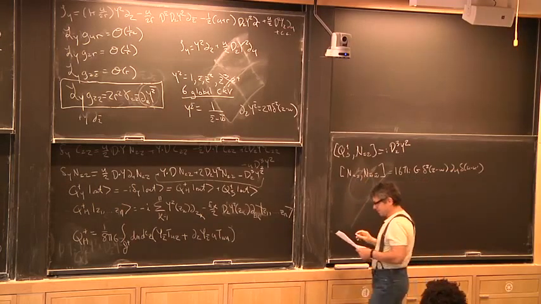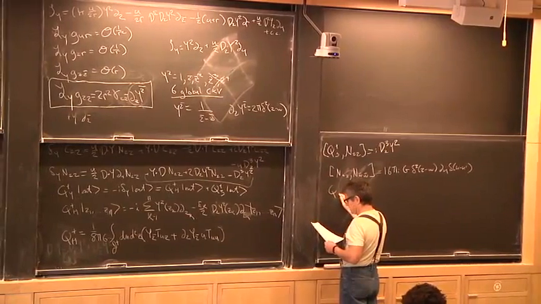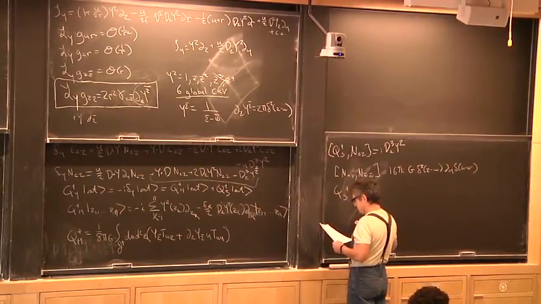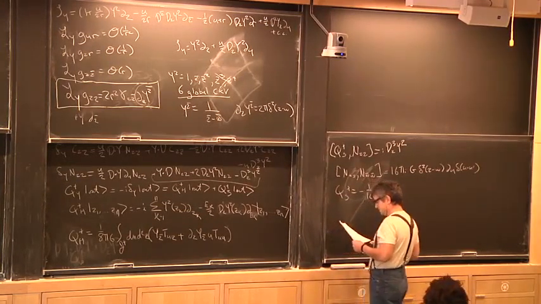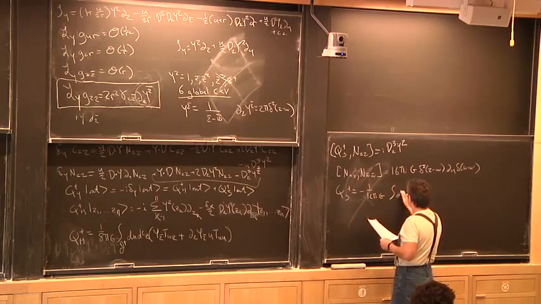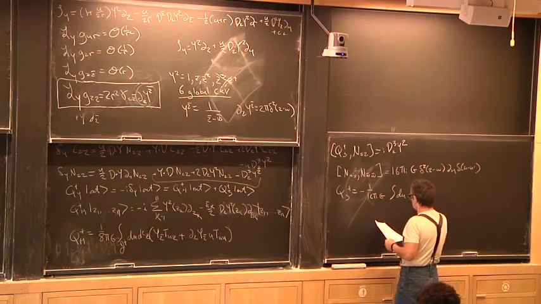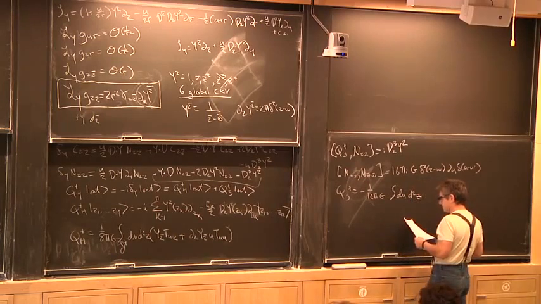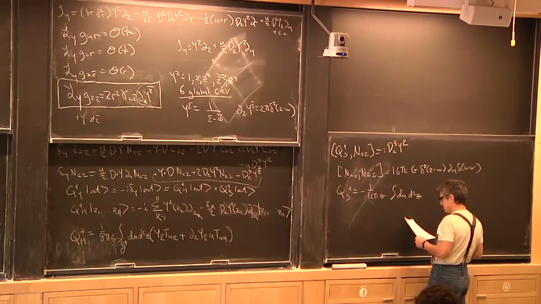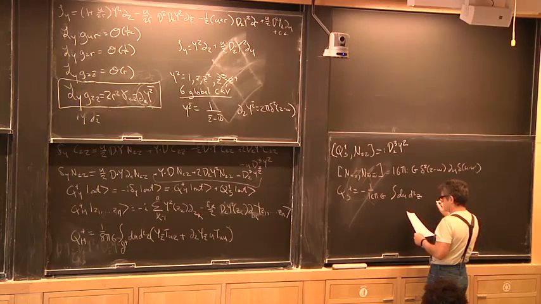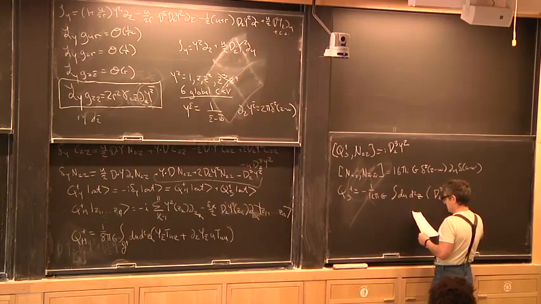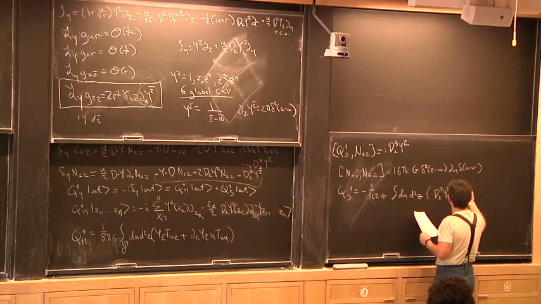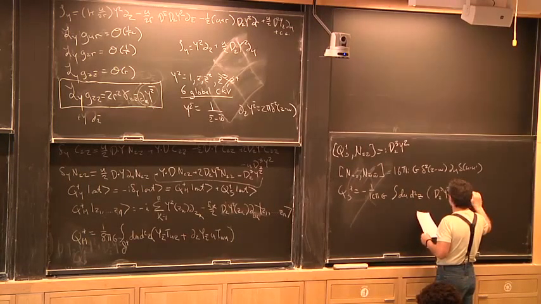One finds then that Q S plus is equal to minus 1 over 16 pi G, the integral of du d squared z, dz cubed yz, u n z z bar.